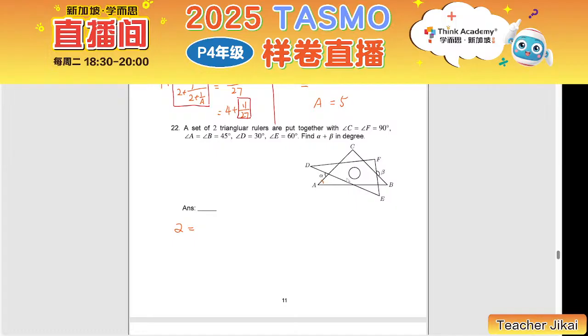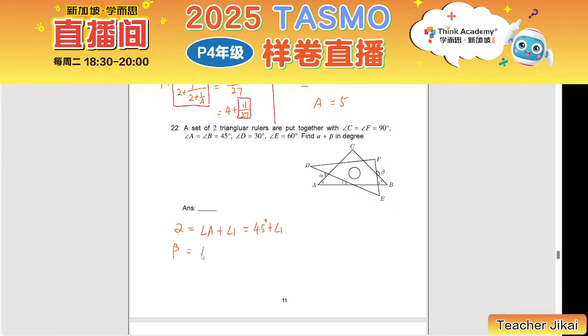It is angle A plus this angle 1, right? We know angle A is 45, so 45 plus angle 1. How about B? You just name it as angle 2.